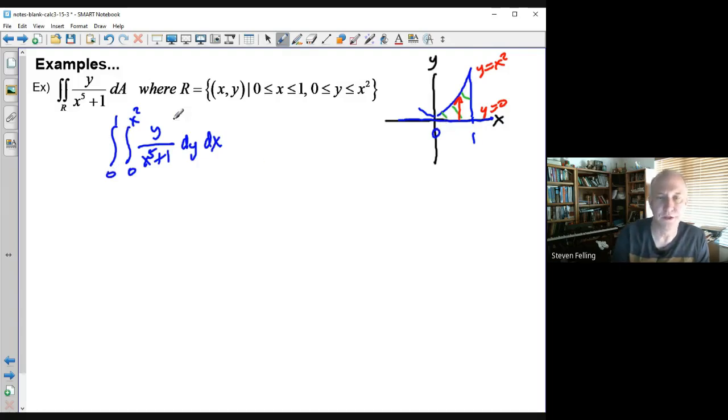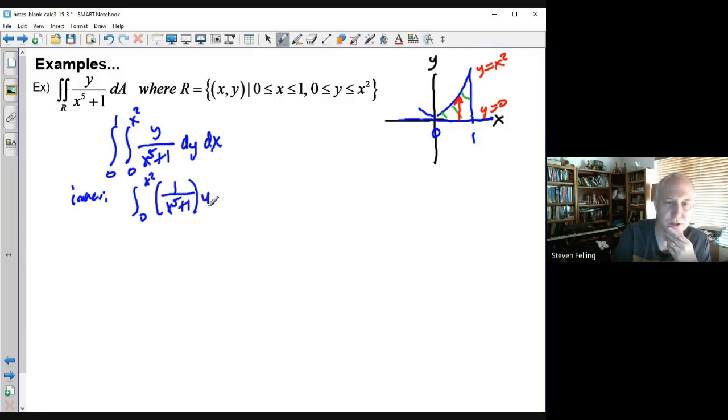Okay. So let's work on the inner one. I'll write it again. This is really just one big constant, right? Because we're treating it as a constant while we're integrating y. So basically what I have is the constant 1 over x to the 5th plus 1, and then I have 1/2 y squared. That's participating in the antiderivative from 0 to x squared.